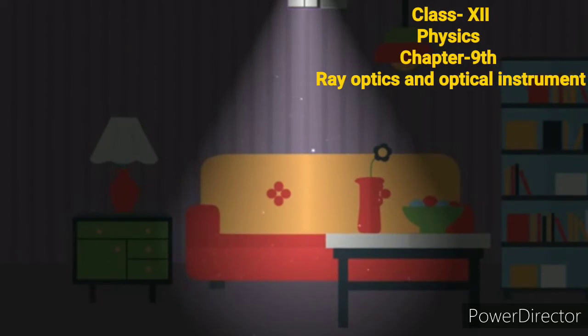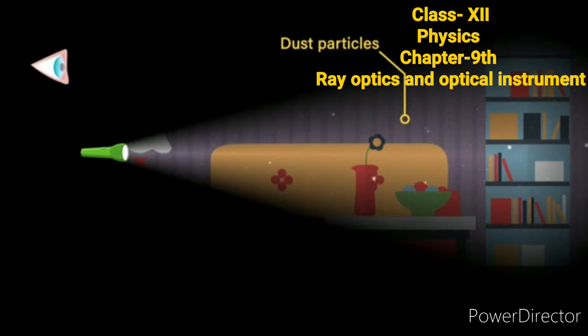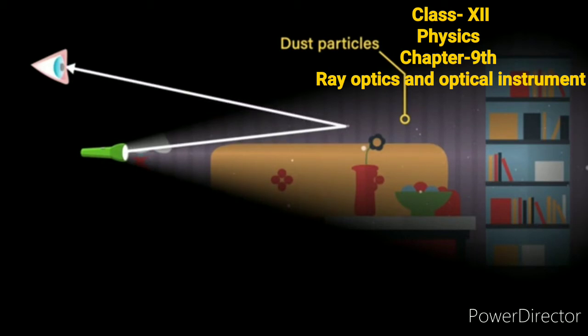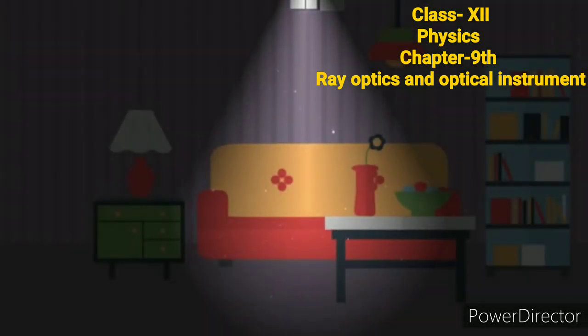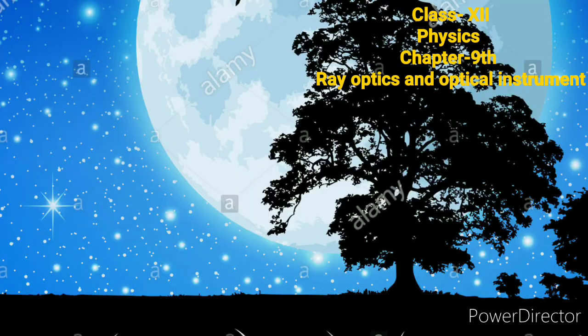In the previous class, you already studied reflection, the law of reflection, regular reflection and irregular reflection. Let's revise these topics. Now, optics: ray optics and wave optics. There are two types of optics here.